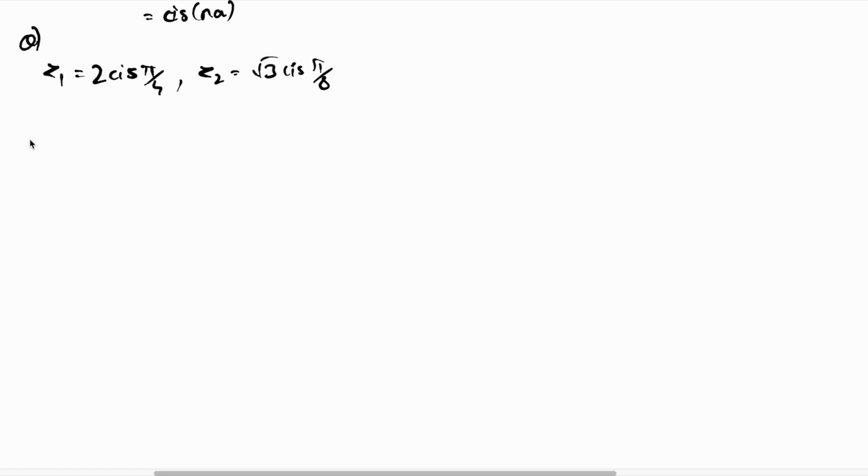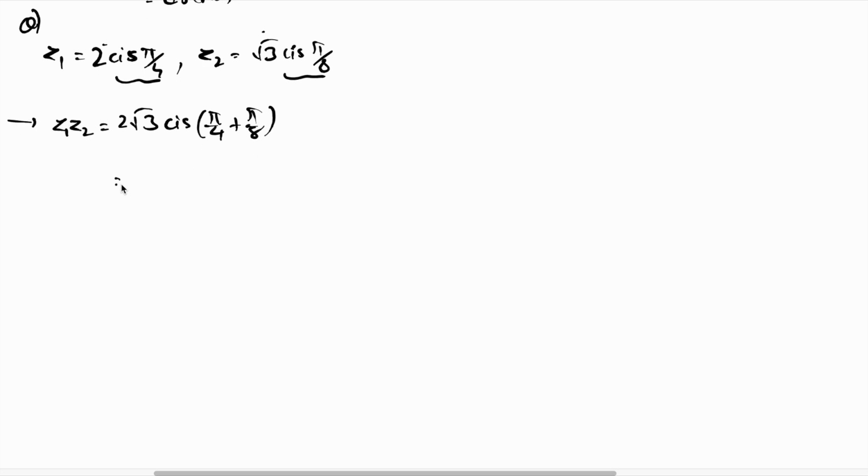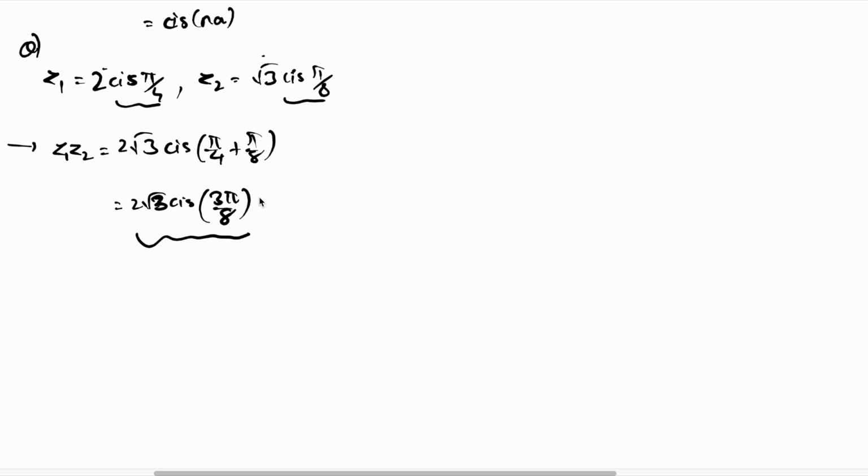If I'm multiplying the two complex numbers z1 into z2, the multiplication becomes quite simple in polar form, because I'll have to multiply 2 with root 3, which is 2 root 3, and cis pi by 4 into cis pi by 8, which will give me cis pi by 4 plus pi by 8, which is 2 root 3 cis 3 pi by 8. So this is the polar form of the multiplication of two complex numbers.